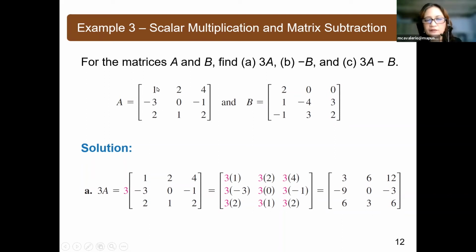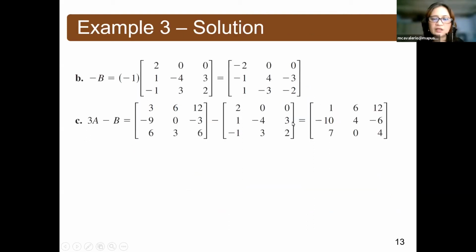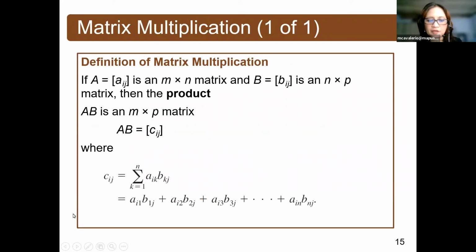So we will have 3 times 1 is 3, 3 times 2 is 6, 3 times 4 is 12, 3 times -3 is -9, 0 times 3 is 0, -1 times 3 is -3, 2 times 3 is 6, 1 times 3 is 3, and 2 times 3 is 6. Now for B, we're asked to find the negative of B, so we're simply getting the negative of each entry in matrix B to get this particular matrix here.